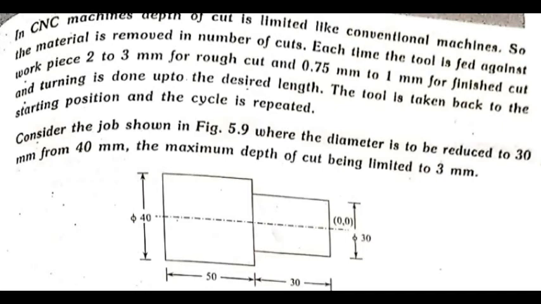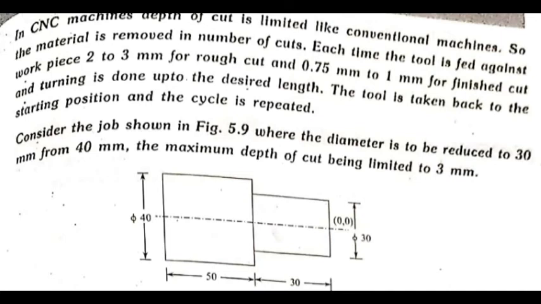And coming to another example, see this example 3. In CNC machines, the depth of cut is limited like in conventional machines, so the material is removed in a number of cuts.